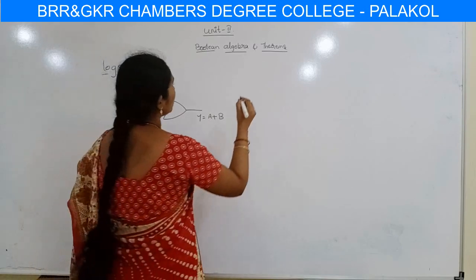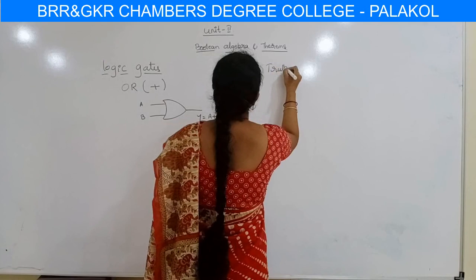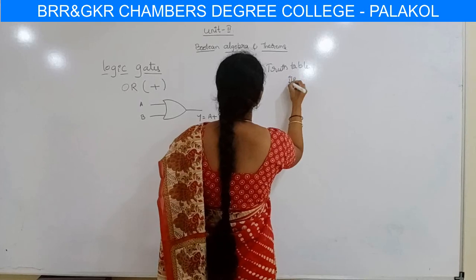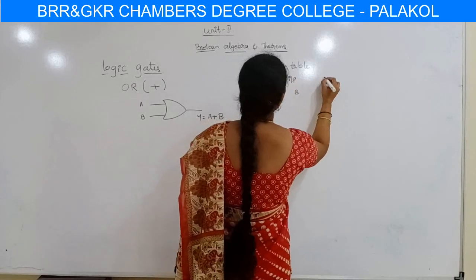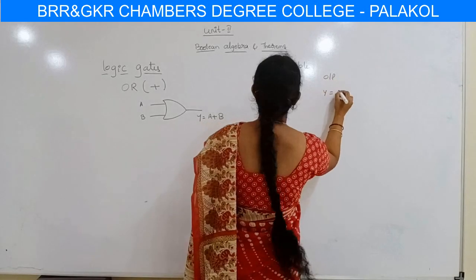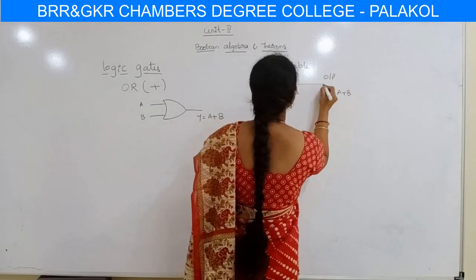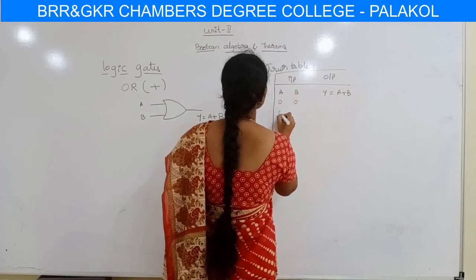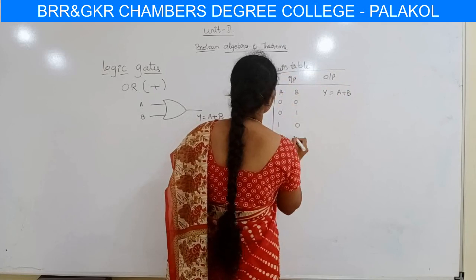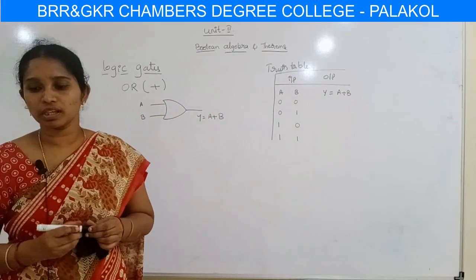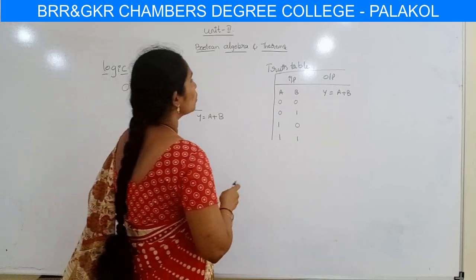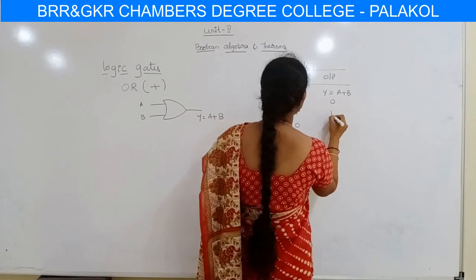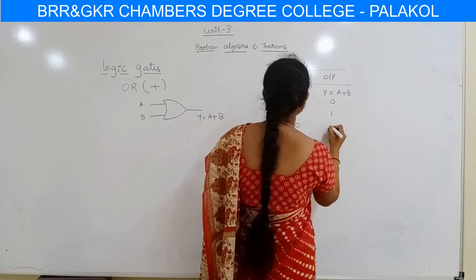Now we will draw the truth table. The inputs are A, B and the output is y, that is equal to A plus B. So 2 inputs: 0 0, 0 1, 1 0 and 1 1. Here 0 plus 0 is nothing but 0. 0 plus 1 is nothing but 1. 1 plus 0 is nothing but 1.